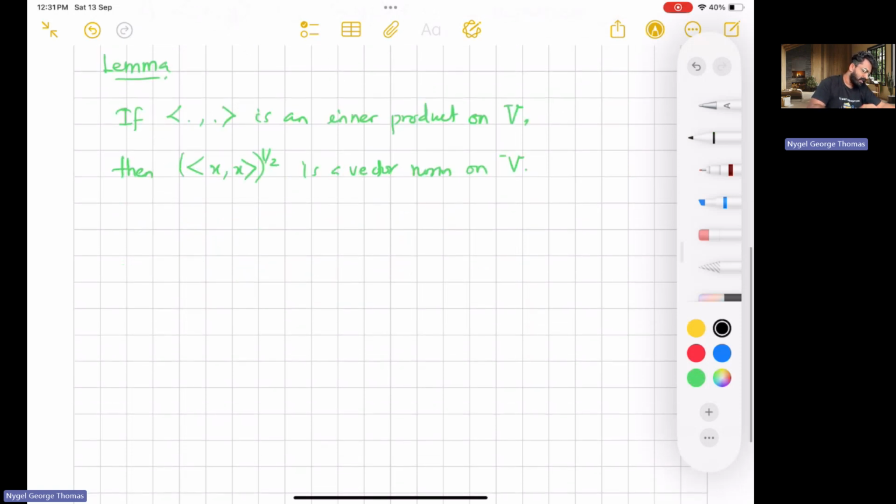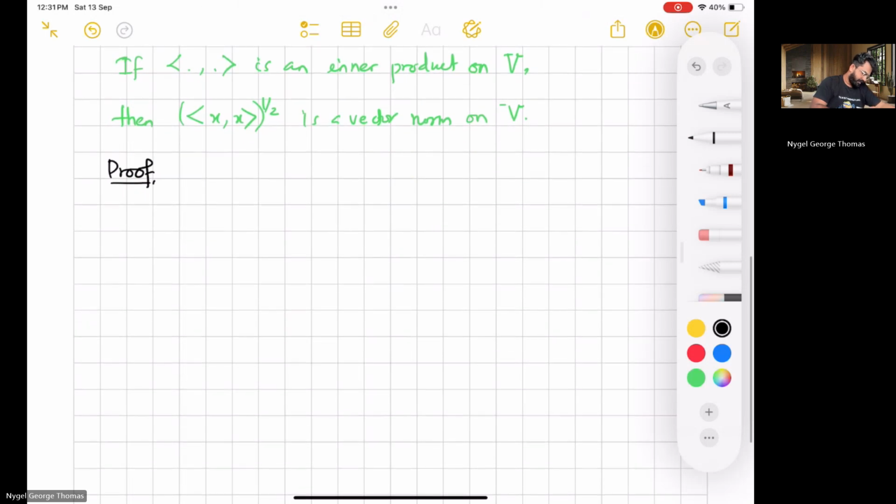So let's try to prove this systematically. The first one is what is known as non-negativity. What we have to prove is the norm of x. How have we defined the norm? The norm of x is defined as the inner product of x with itself, all raised to half.